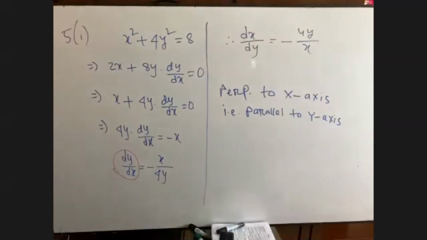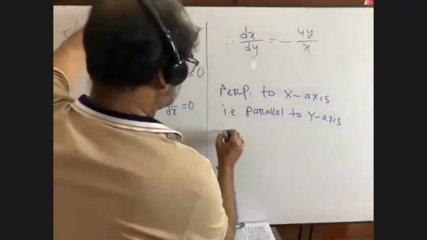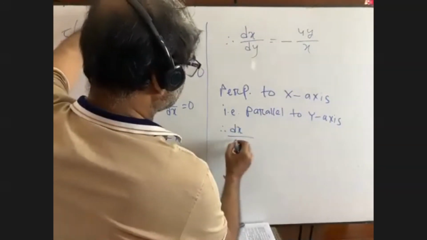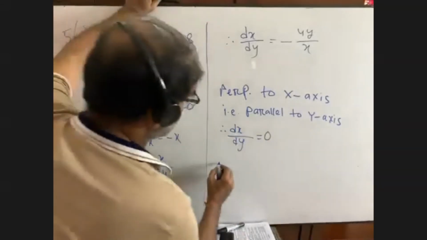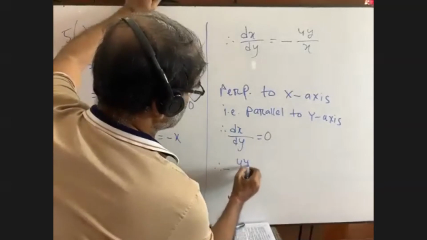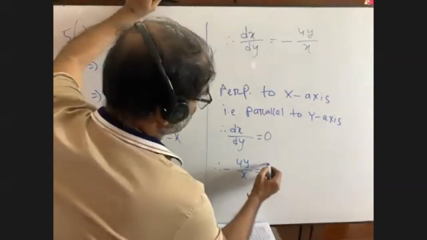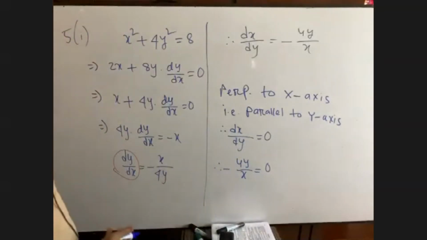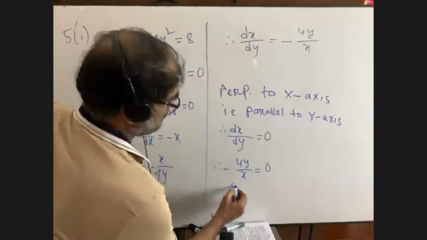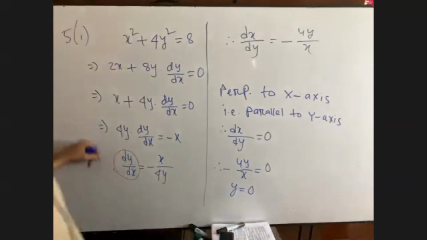Therefore, we can write dx by dy equals 0. That means minus 4y by x equals 0. From here, what should we write? y equals 0. We have got y equals 0. Is it?